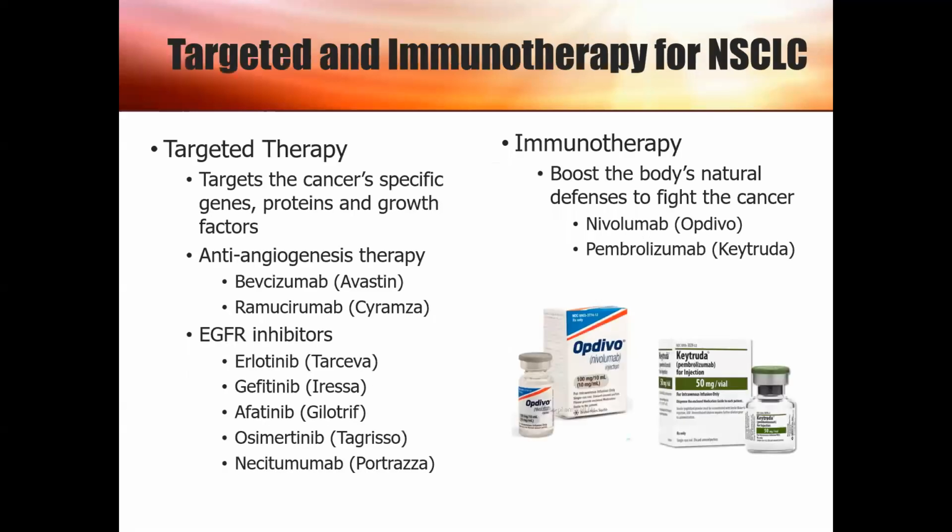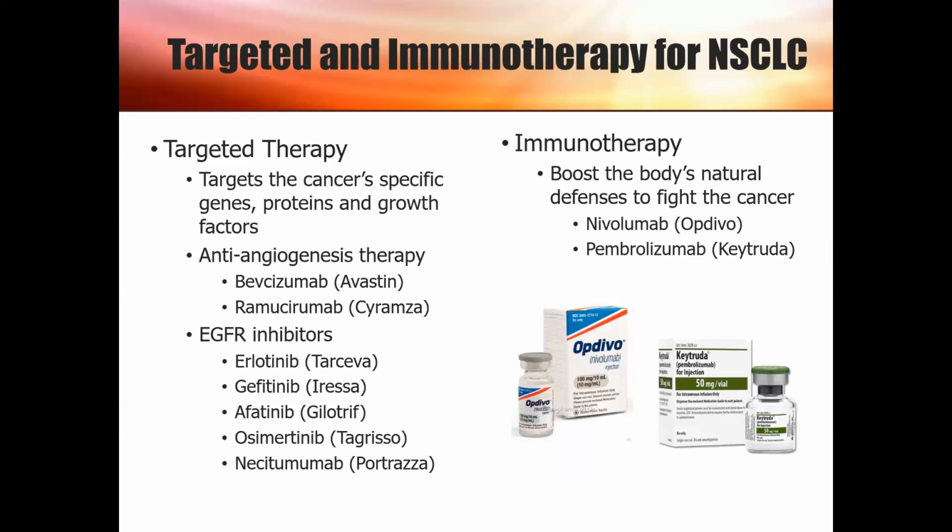if they so choose. Then there is targeted and immunotherapy for non-small cell lung cancer. These treatments are not effective on small cell lung cancer, so they're only used for non-small cell cancer. Targeted therapy is a treatment that targets the cancer's specific genes, proteins, or growth factors.